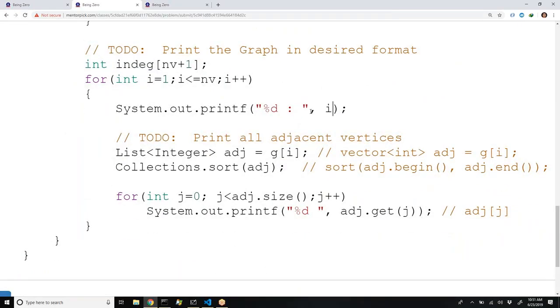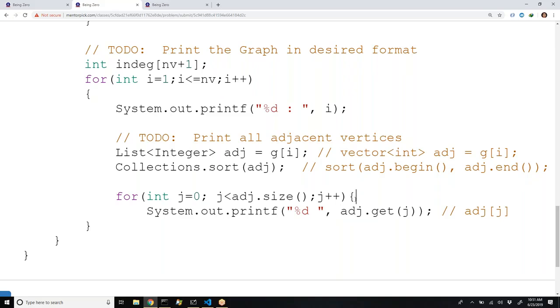What is i here? Oh, this was the mistake I did. i here is the starting vertex. Here adj.get(j) is a vertex that we are printing. It's a vertex in the adjacency list. What it is conveying is there is an edge coming from the vertex i to the current vertex.